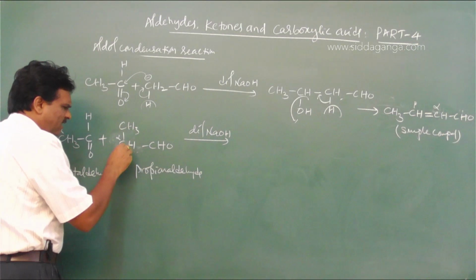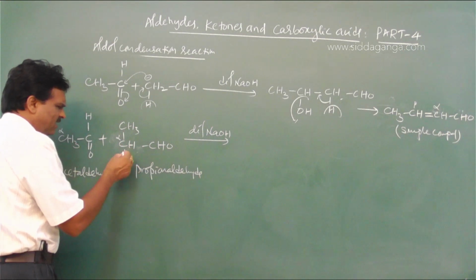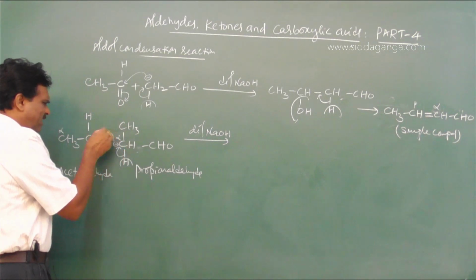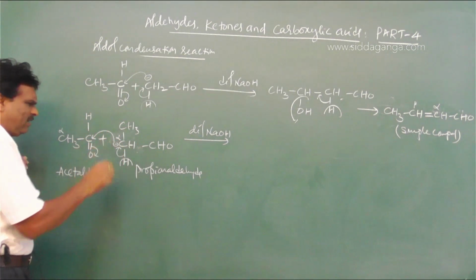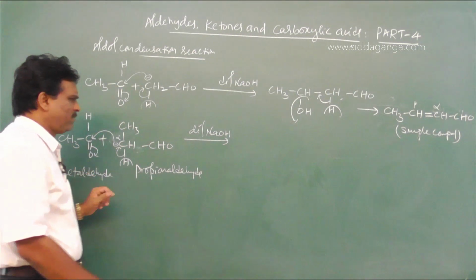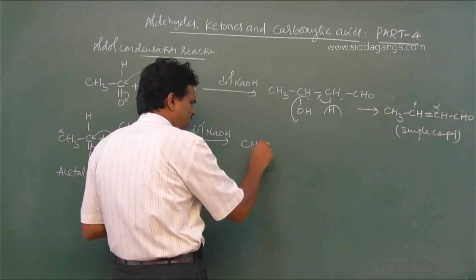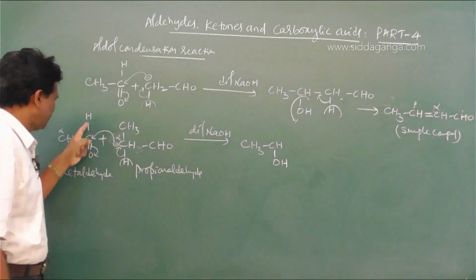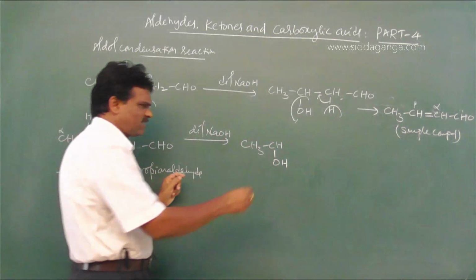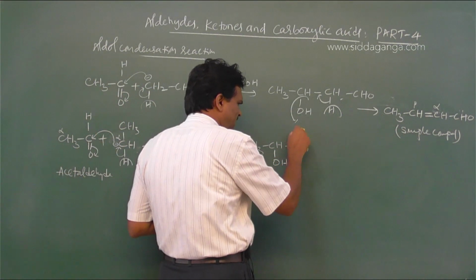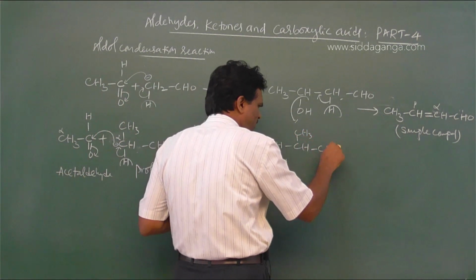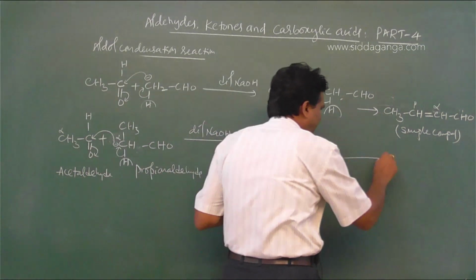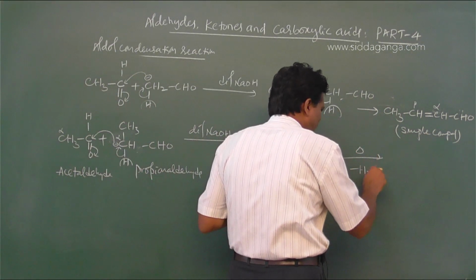Here an H plus is lost, so a negative charge is formed. This anion attacks the carbonyl carbon of another molecule to form the product CH3 CHOH CH(CH3) CHO. On heating, it loses a molecule of water.